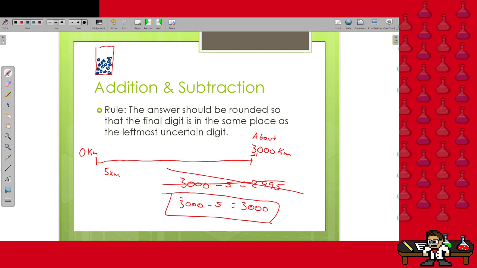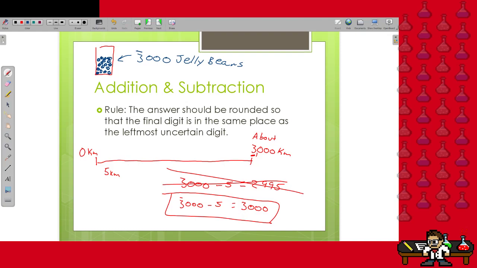Let's say, again for argument's sake, Mr. Fagan says this is about 3,000 jelly beans. I'm not saying that it's exactly 3,000 jelly beans, but with my estimation being in this thousands place, I think it's going to be roughly 3,000 jelly beans.